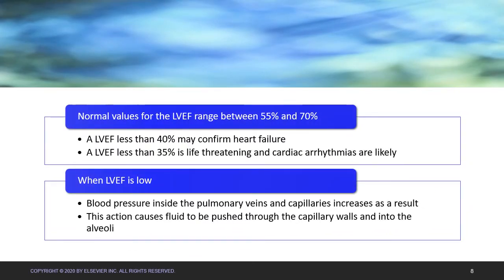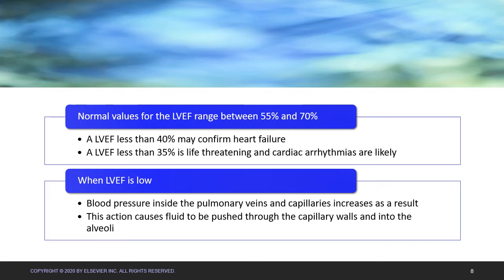Normal values for left ventricular ejection fraction range between 55 and 70%. A left ventricular ejection fraction of less than 40% may confirm heart failure. A left ventricular ejection fraction of less than 35% is life-threatening, and cardiac arrhythmias are likely.